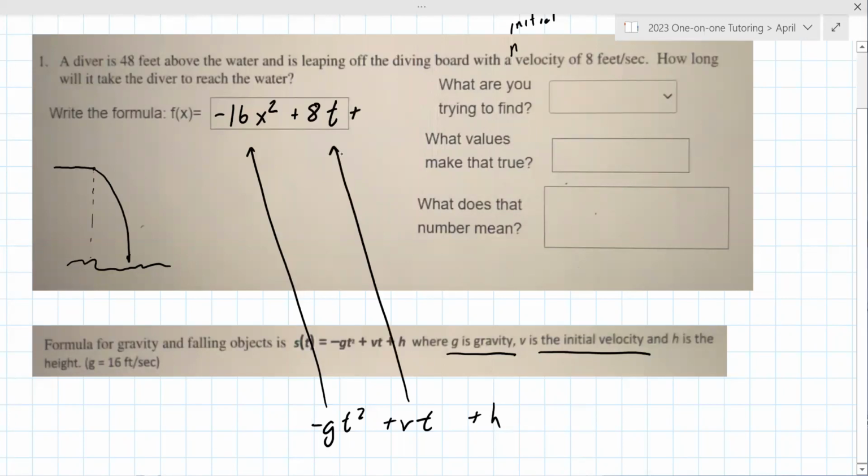How high is the diver starting up? 48 there. So the responsibility for you as the student here is, can you figure out what numbers go where? And I'm sorry, this is an X, not a T.